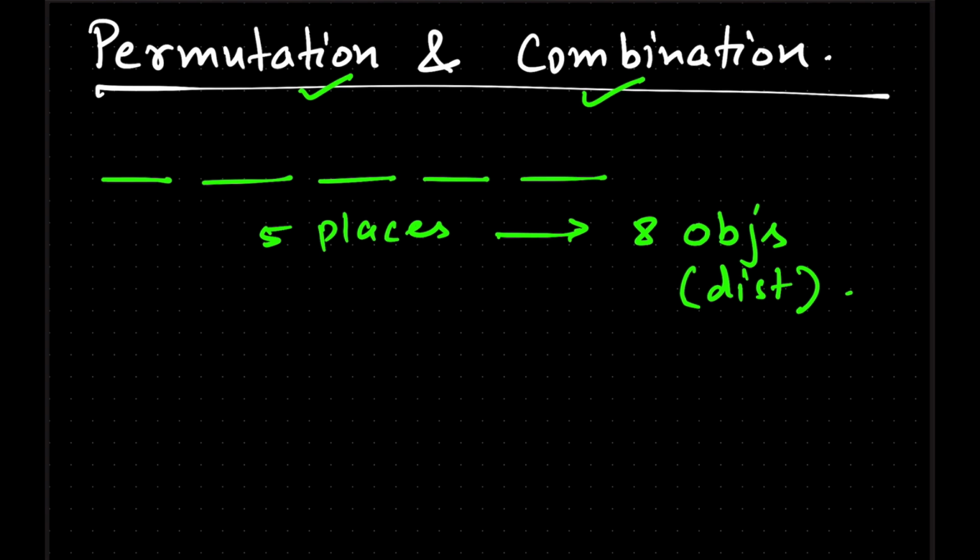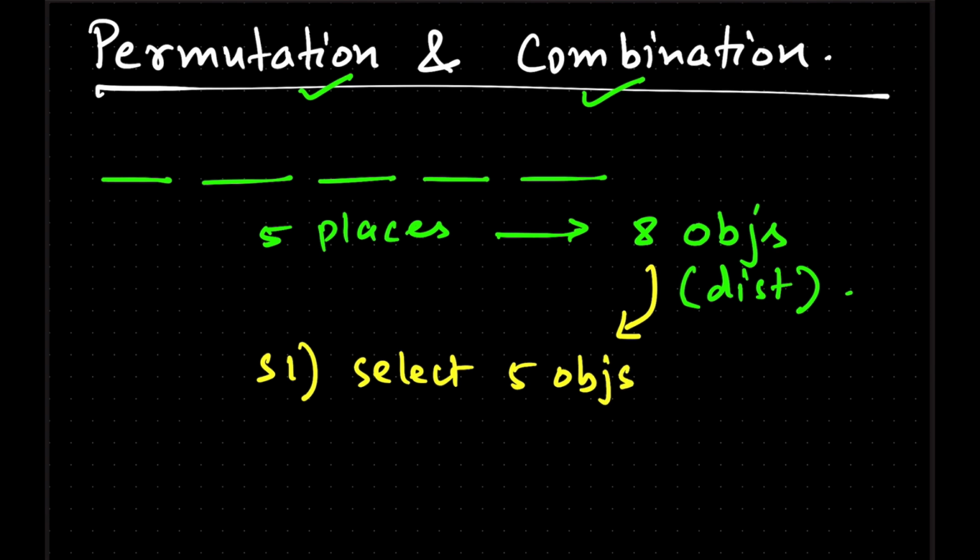What you can do is first select 5 objects from the 8. So step 1, you can select 5 objects. How can you do so? By combination.